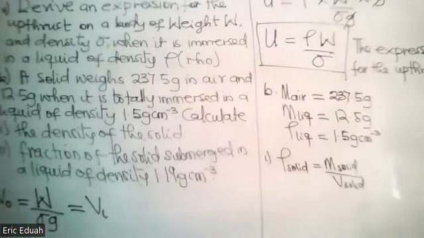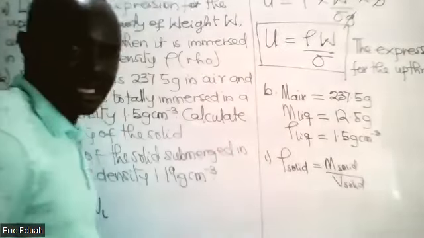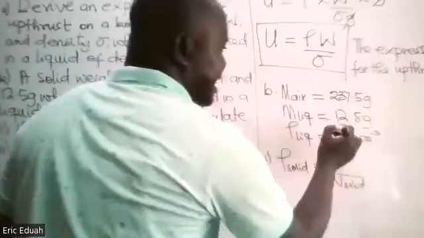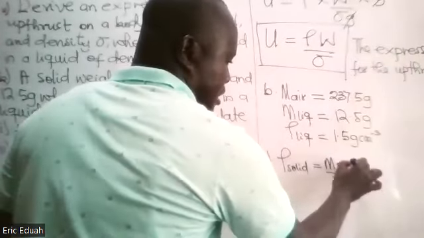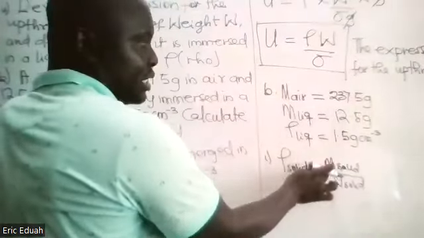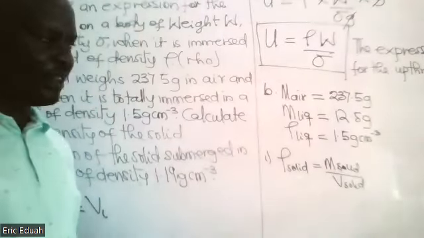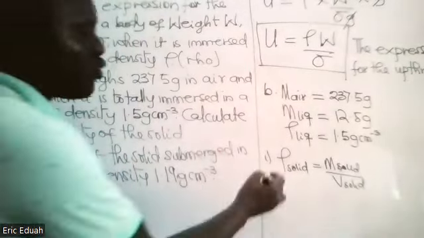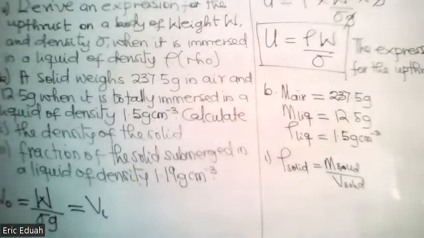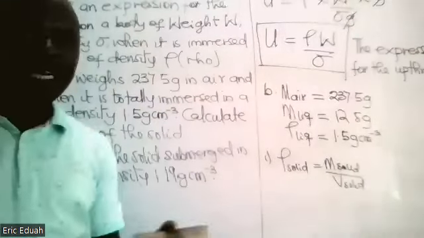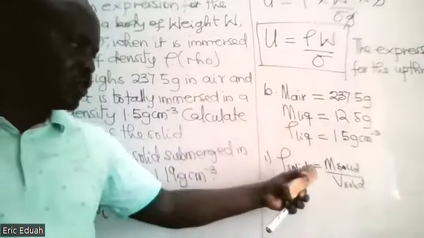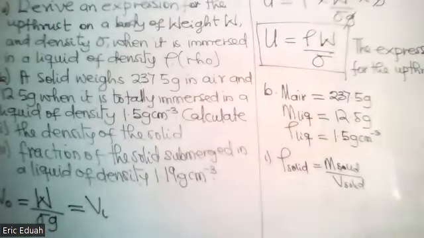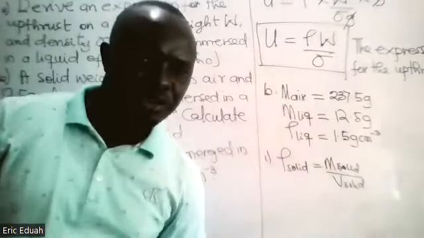The mass of the solid must be the mass in air, so we have the mass of the solid, which is 237.5. But we will need the volume of the solid to find the density of the solid. Class, how do we find it? Ideas, as many as possible.